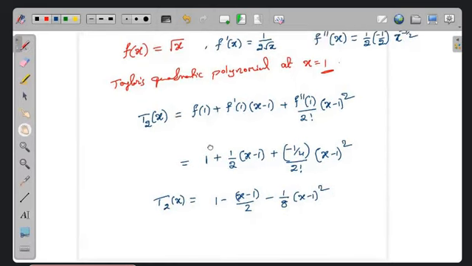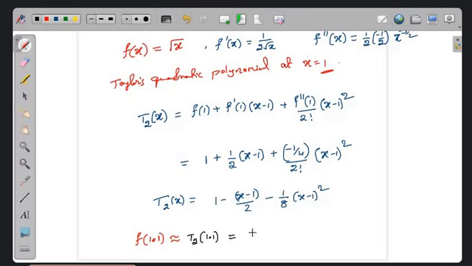Okay, so now I can ask something like this. I may ask you to approximate the f of 1.1 value. What is f of 1.1 using this approximation? In that case, f of 1.1 can be written as T2 of 1.1 using the approximation.